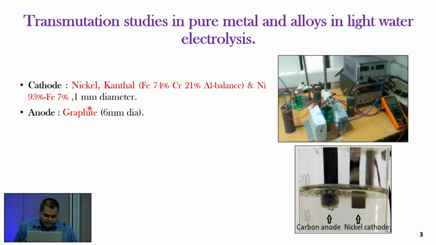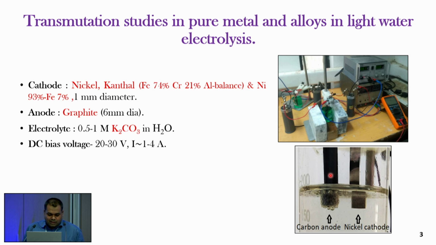The anode, as I already told, is graphite, with a 6 mm diameter. It's visible here. The typical electrolyte that we use is 0.5 to 1 molar potassium carbonate in H2O. The supply voltage is 20 to 30 volts, and the current is from 1 to 4 amperes. The time of electrolysis ranges from 30 minutes to 14 hours.